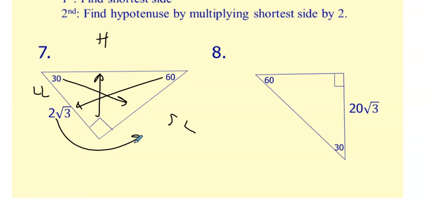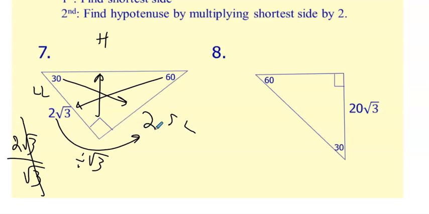If we went from the short leg to the long leg and multiplied, if we're going from the long to the short, we're going to divide by radical 3. And we say this is not that tough because 2 radical 3 divided by radical 3, boom, 2. And now, just like we did in the beginning, we're just going to double and get 4.